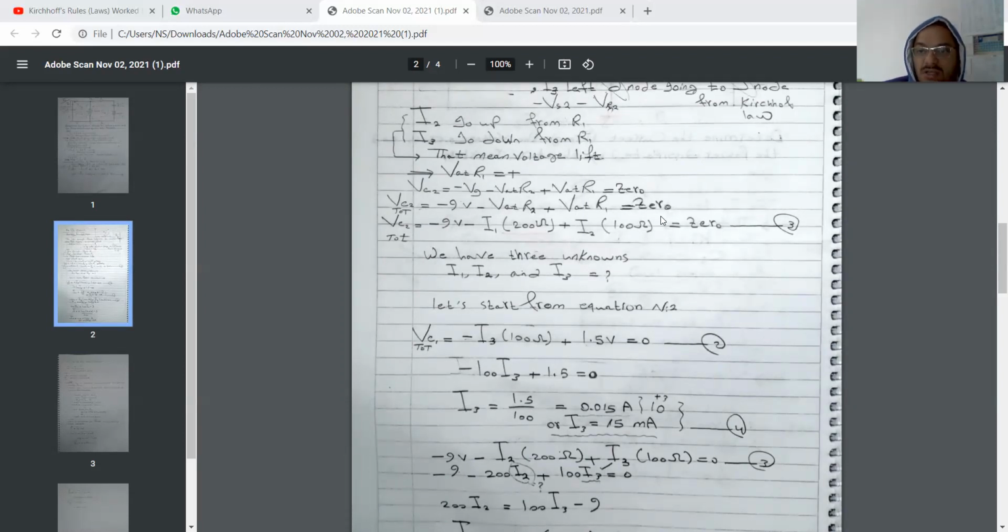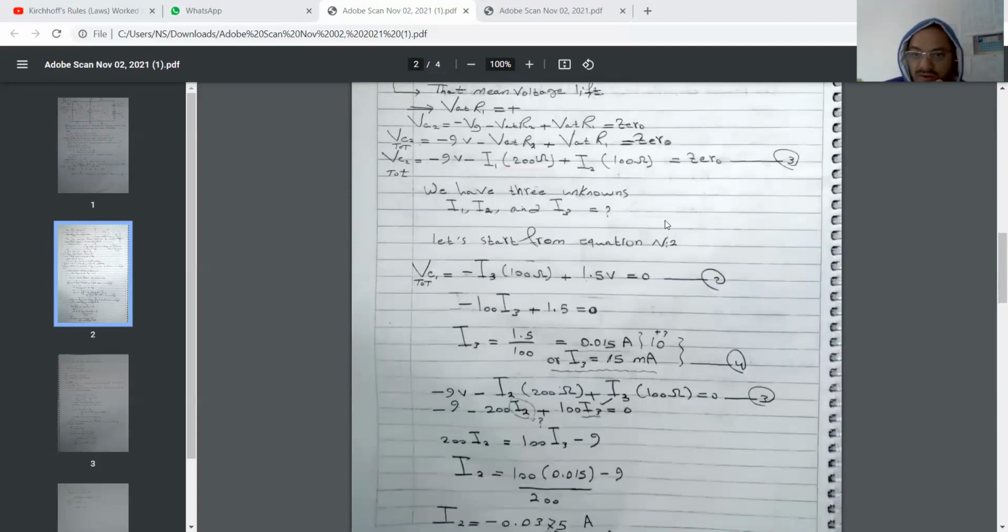Let's start to calculate I3 from the Kirchhoff voltage law, equation number 2. I3 equals 1.5 divided by 100, equals 15 milliampere.